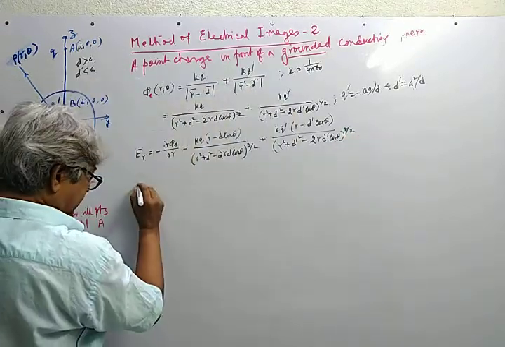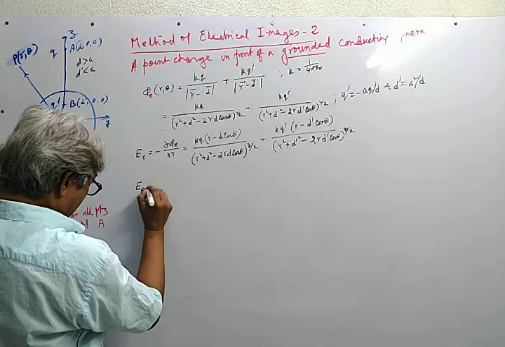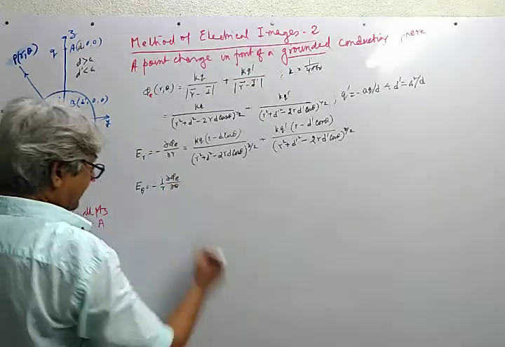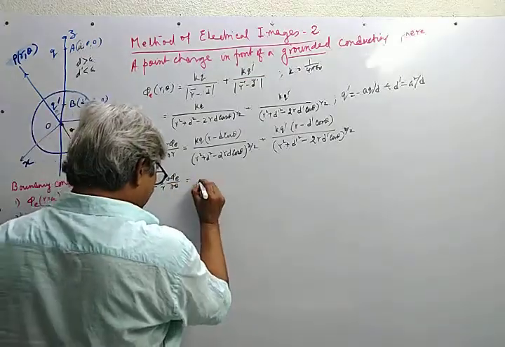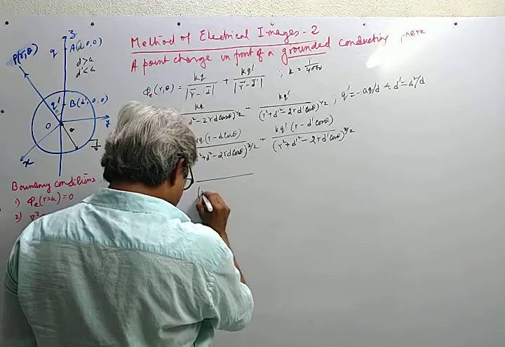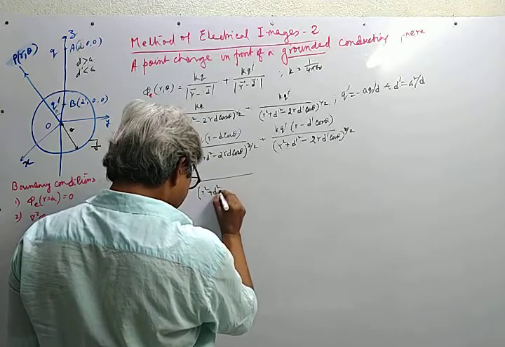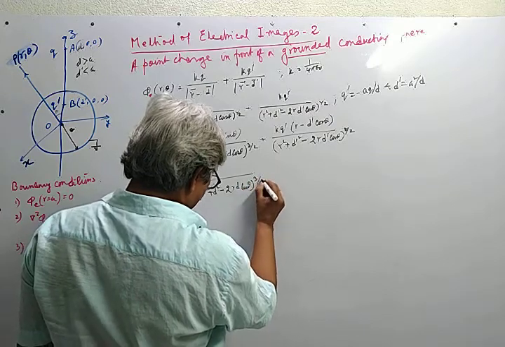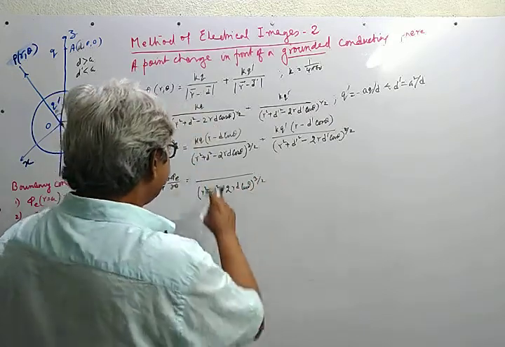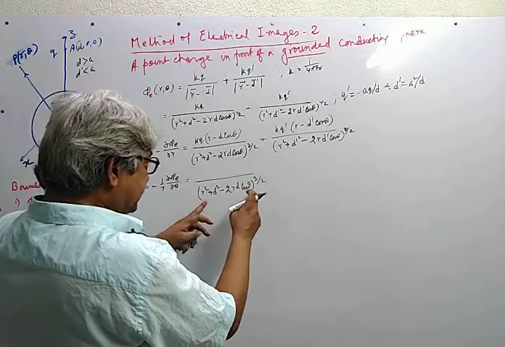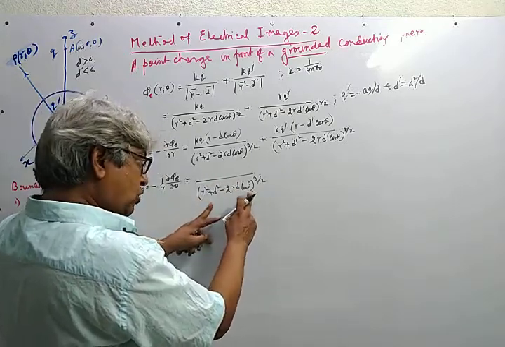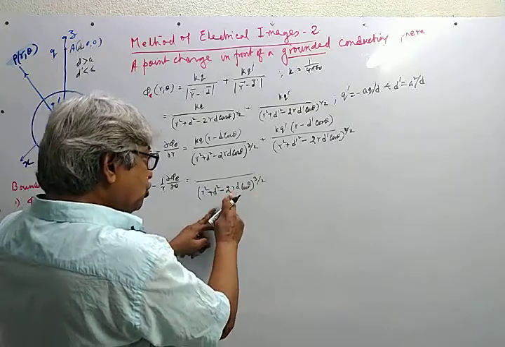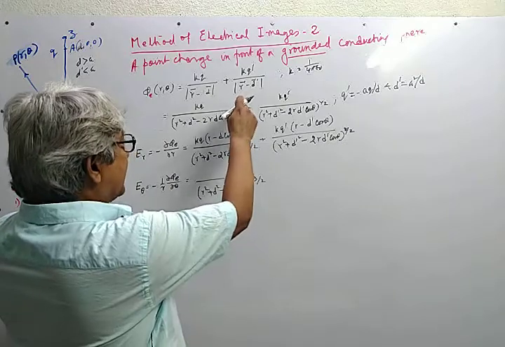E theta is minus 1 upon R del phi by del theta. If we differentiate it, the denominator term is the same, and the numerator is the differentiation of this with respect to theta. That will give us 2 which will be cancelled with the half factor arising from this.